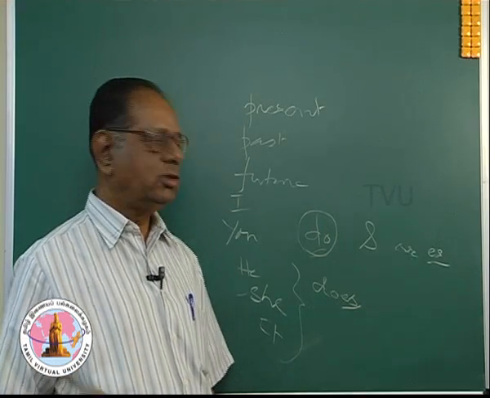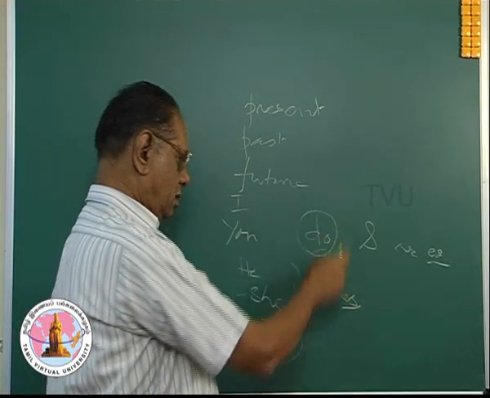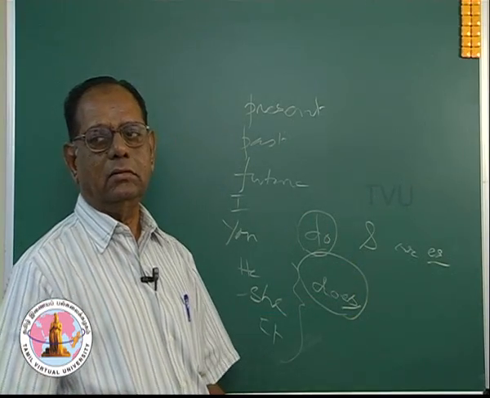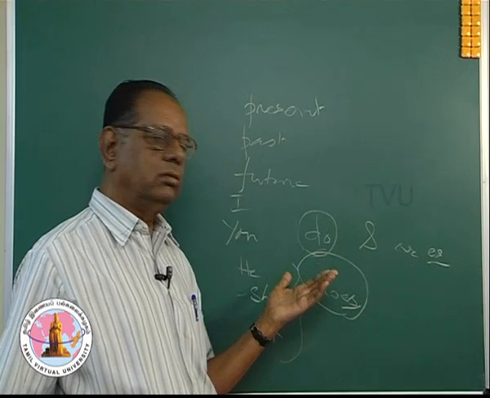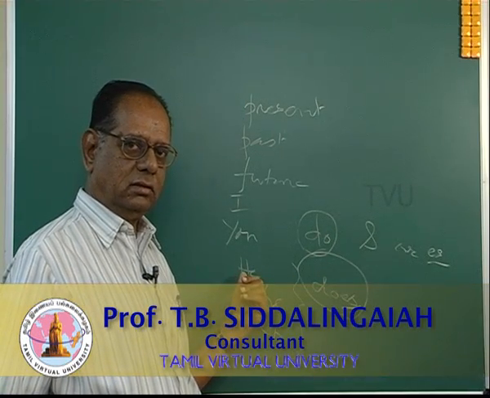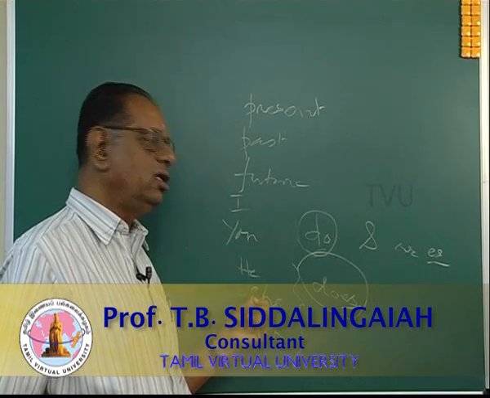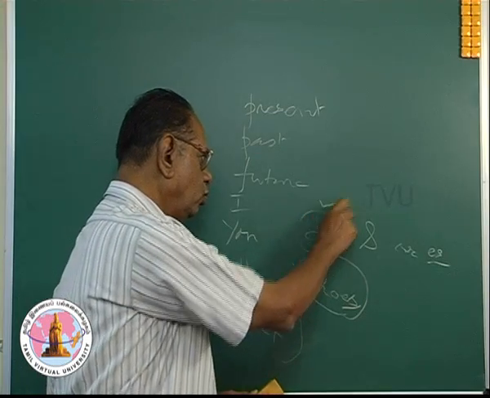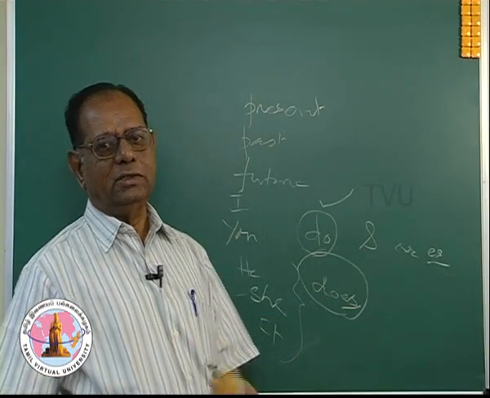Now, I raise a question. If I say does, can you guess what the subject is? It can be he, she or it. So also when I say do, can you guess the subject?